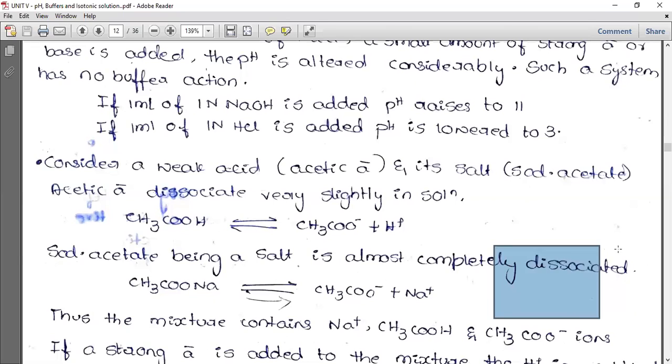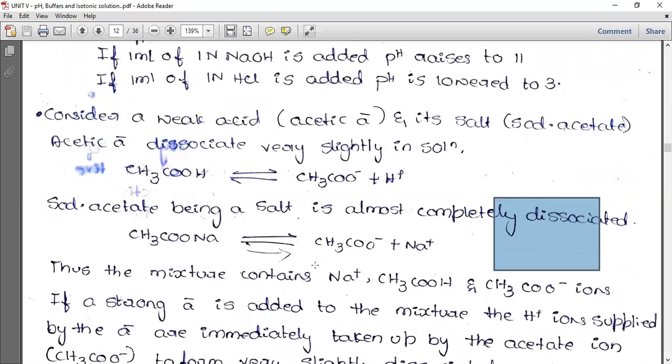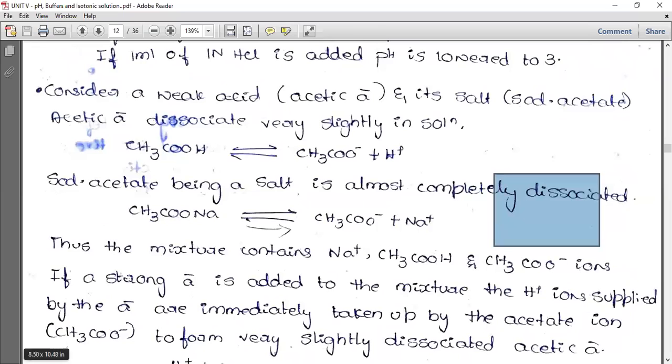Okay. So now in this mixture, we'll be having sodium ion, acetic acid, acetate ion, which is obtained from these two. Just assume that we are introducing a strong acid, which is added to the mixture. What happens is that on adding any strong acid, it will indirectly supply H plus ions.